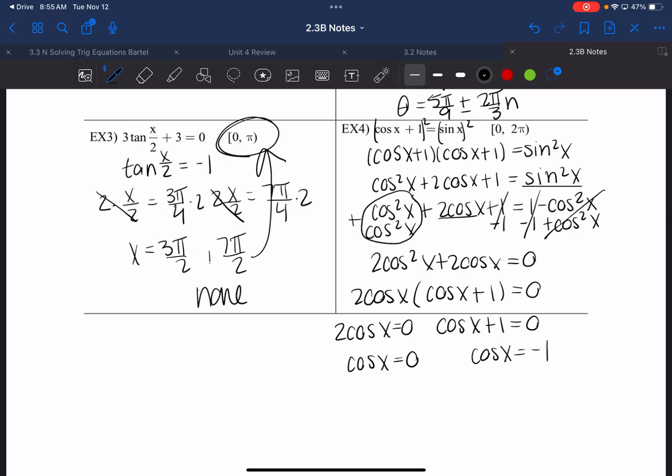You said at pi halves and 3 pi halves for that first one. What about where it's negative 1? Pi. And this one is restricted on the domain from 0 to 2 pi, so I don't want to say that it's repetitive after that, so this would be it. Those are all of our solutions.